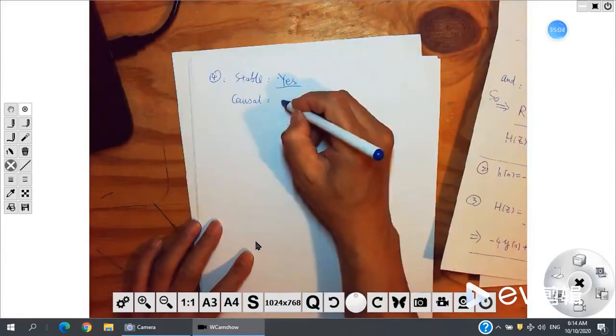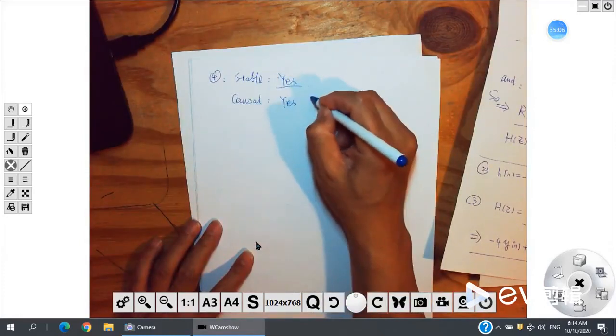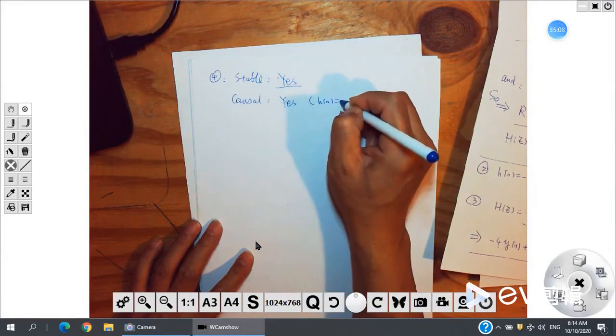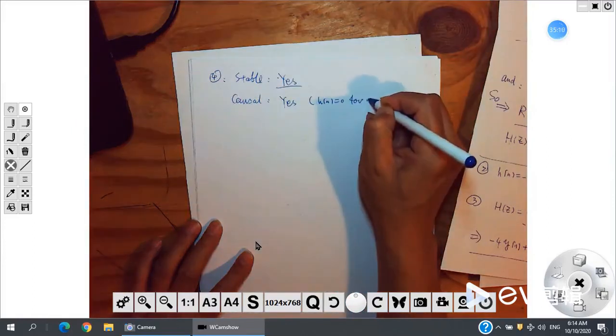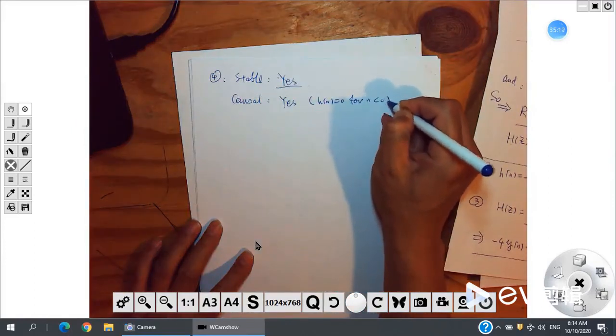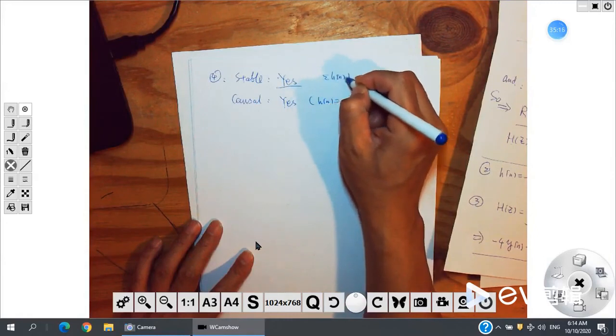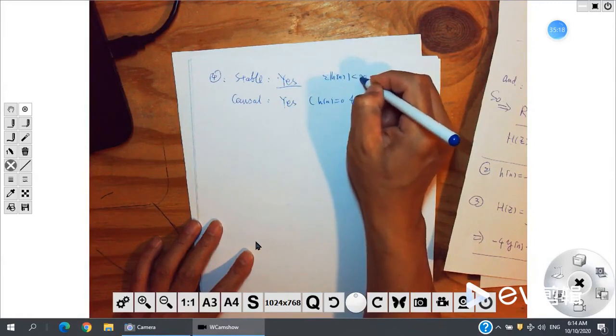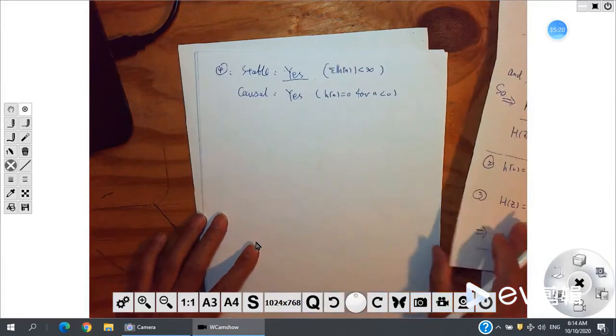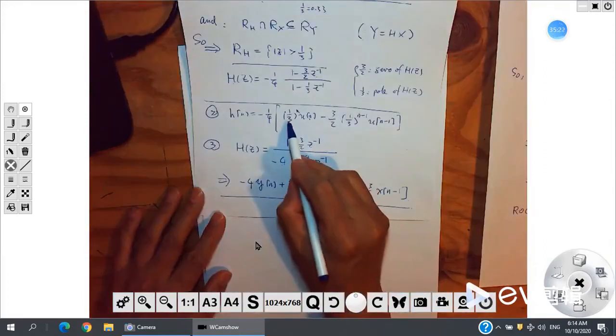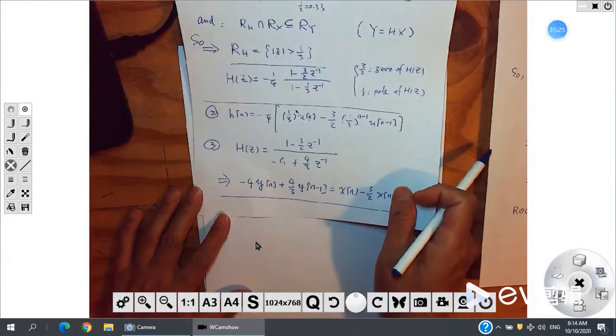Or say h of n equals 0 for n smaller than 0. And the summation of the absolute value of h of n is finite. Yeah, if you do the summation, it is finite.